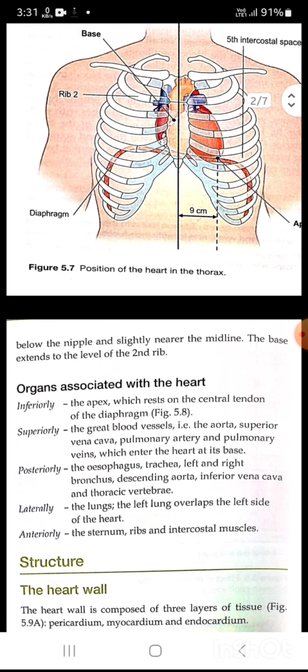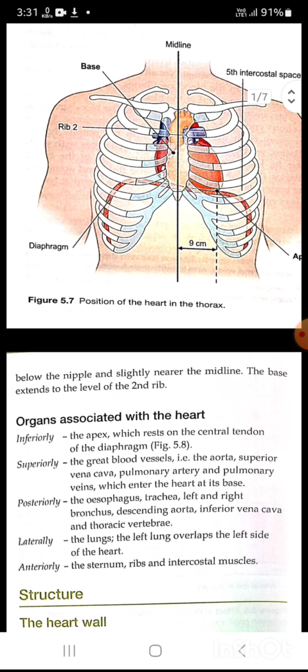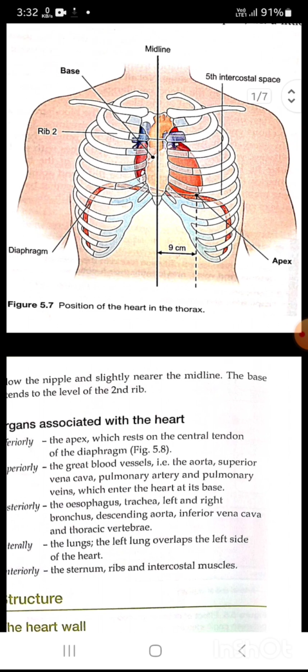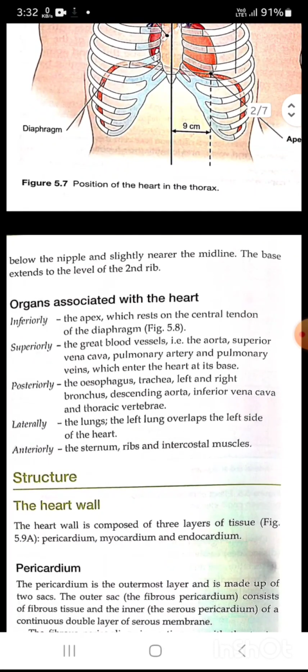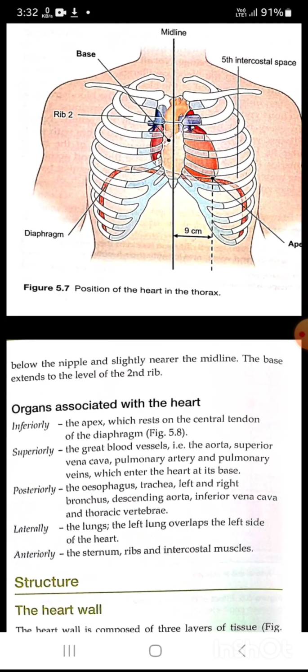Posteriorly are the esophagus, trachea, left and right bronchus, descending aorta, inferior vena cava and thoracic vertebrae. And laterally, meaning the two opposite sides of the heart, are the lungs.